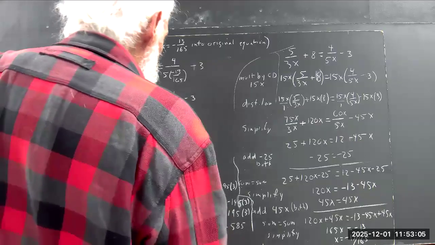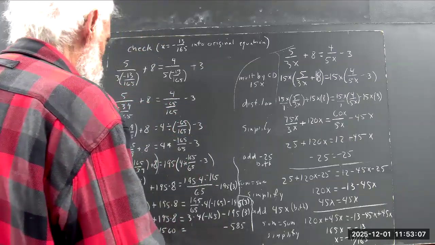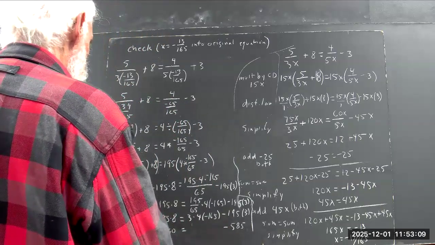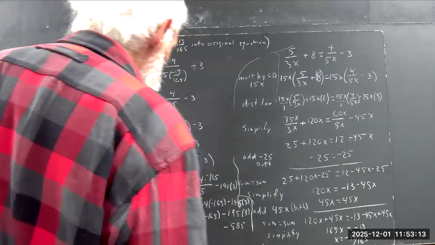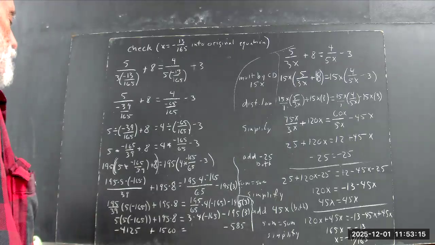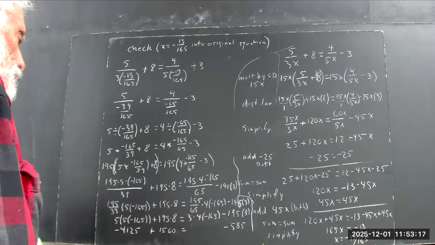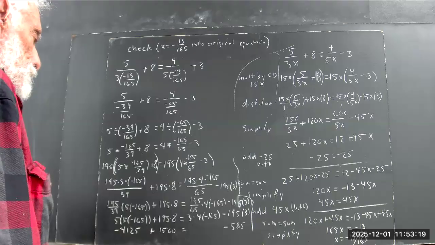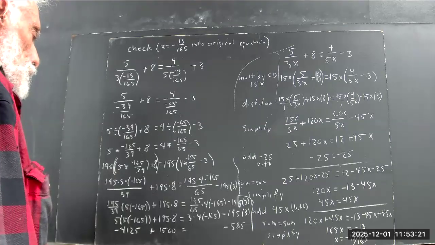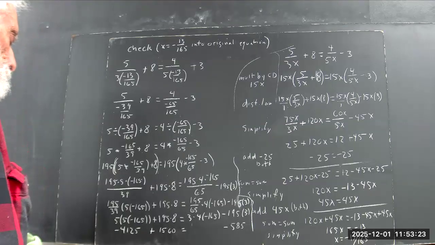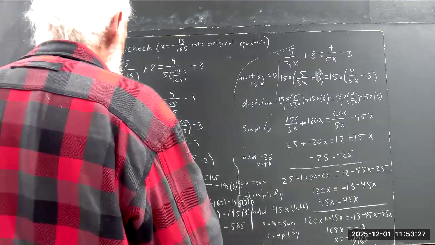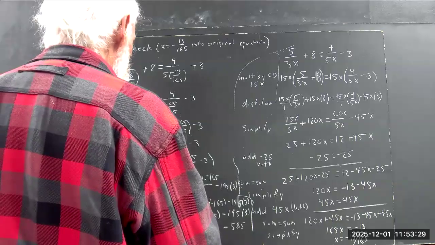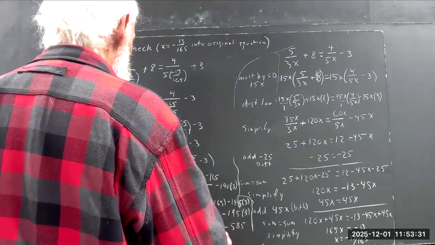Over here, 12 times negative 165 is, oh heavens, going to make me multiply that. Okay, it's negative 1650 and 330. I think it's negative 1995, which is a good year.